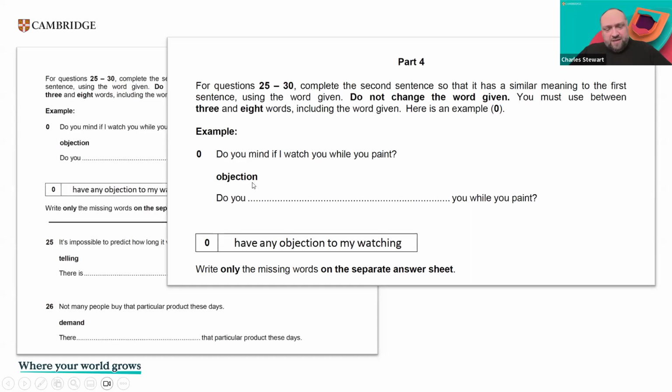What you need to do is, using this word, fill in the gap using the word and other words, 3 to 8 in total, and both of these sentences must have the same meaning. So we can see here, do you mind if I watch you while you paint? Objection. Do you have any objection to my watching you while you paint?